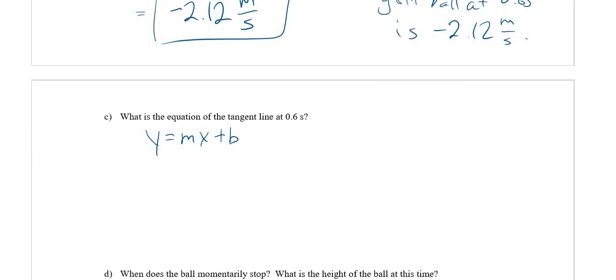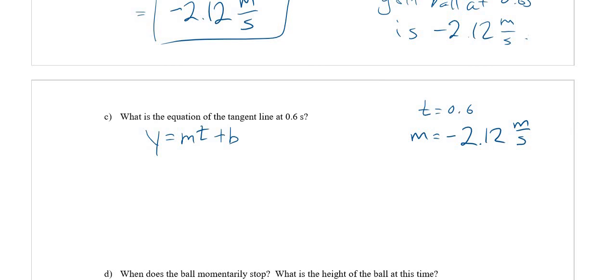We're going to use t instead of x, because we're using t's in this one. So we know that t is going to be 0.6. And we said to find the slope of the tangent, we're just going to use the derivative. And we did that in the last part, so that's going to be negative 2.12 meters per second.